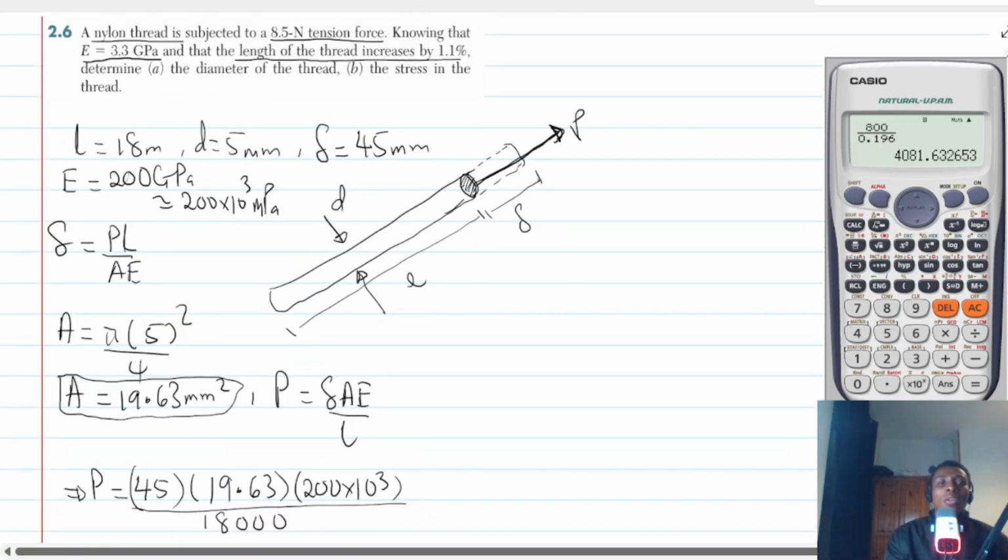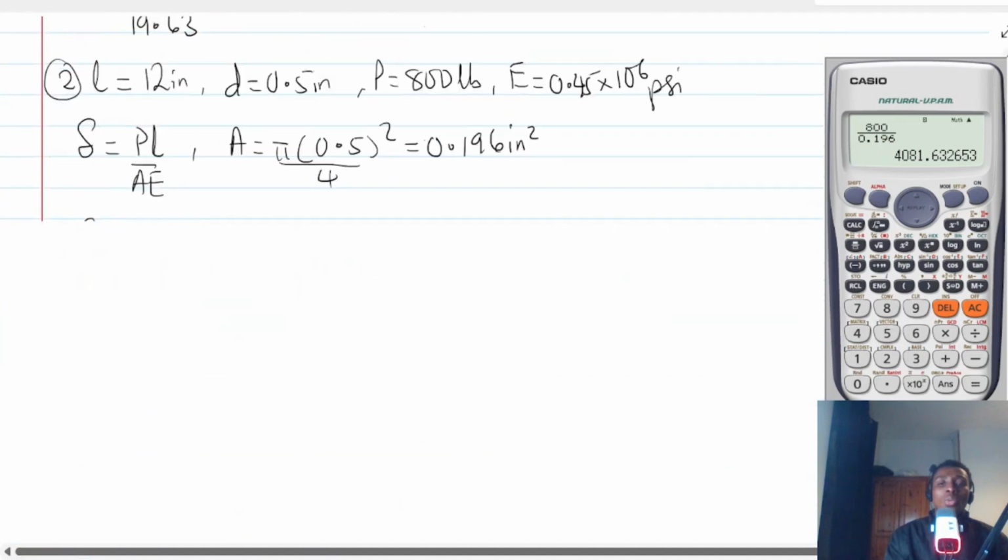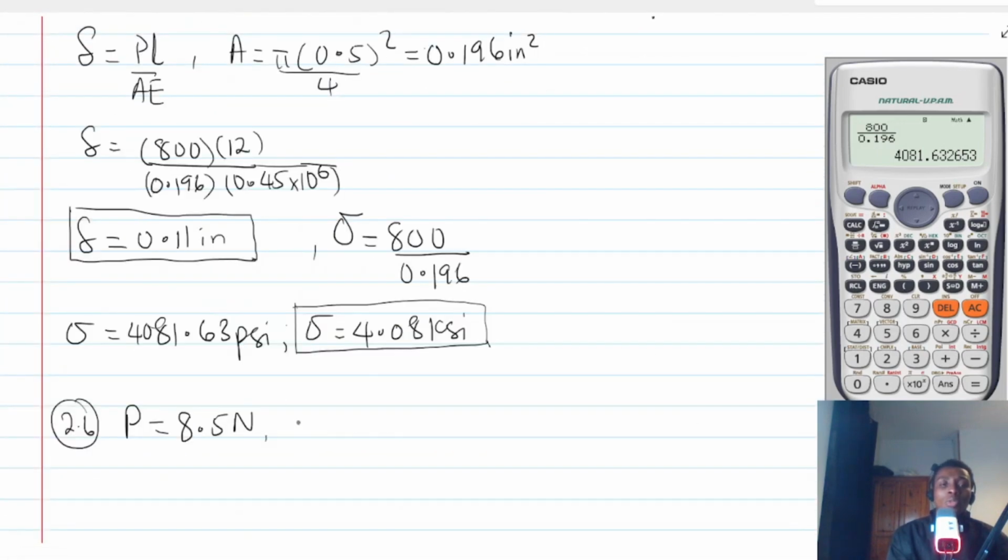Okay, so E is 3.3 gigapascal, and then the strain.